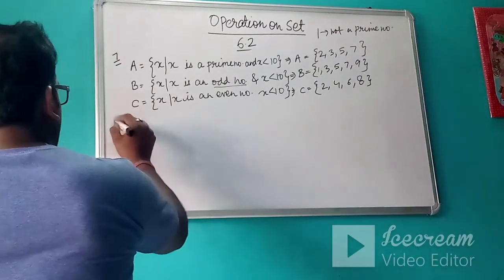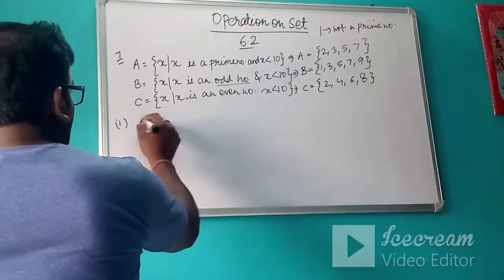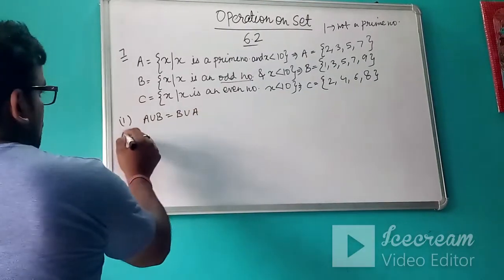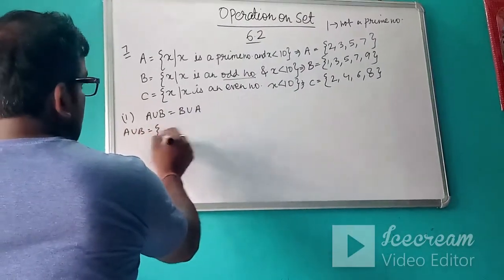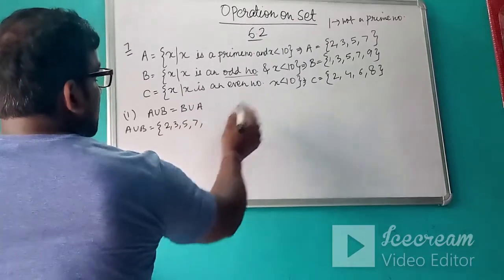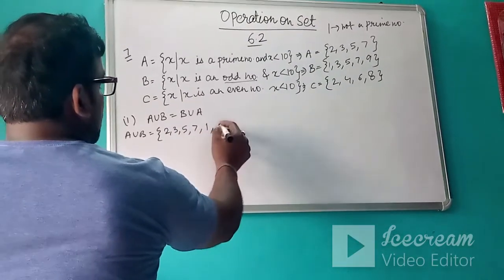So the first part is that we have to prove A union B is equal to B union A. First, what is A union B? Elements of A: 2, 3, 5, 7. Then elements of B which are not in A: 1 and 9.